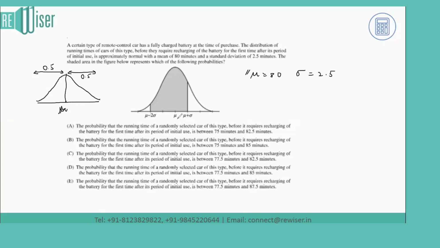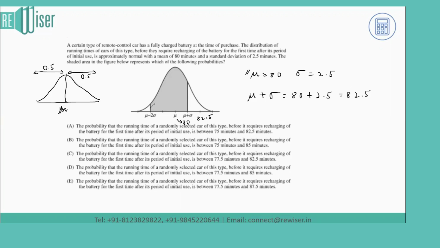In the question, they have given that the value of the mean is 80. That means this value is 80 and the value of standard deviation is 2.5. If I'm looking for this value, which is mean plus SD, that will give me 80 plus 2.5, which equals 82.5. So that's the value of this arm, which is 82.5.